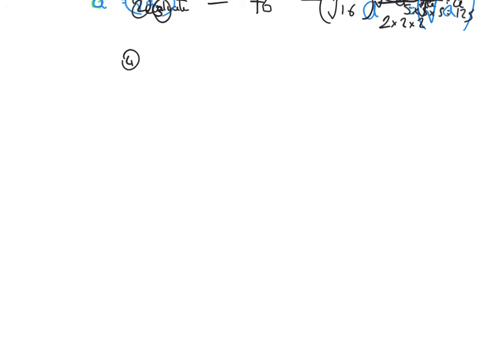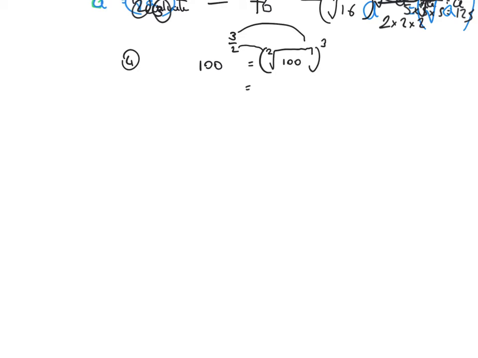Okay, example 4. We've got 100 to the power 3 over 2. Okay, so that number down there, that number up there, that's going to be the square root of 100 cubed.